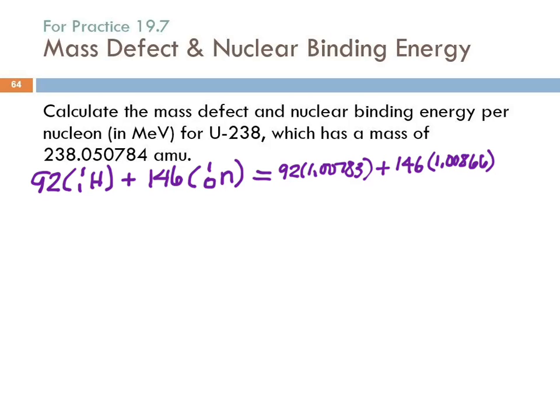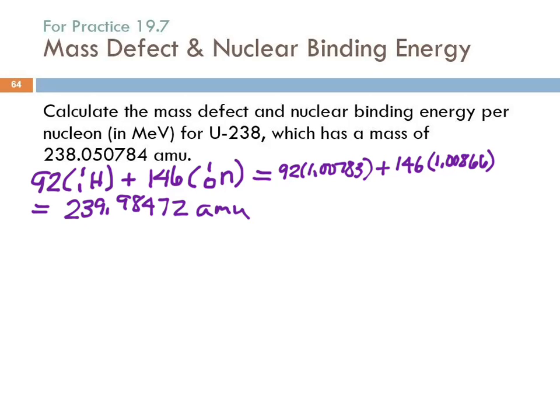So 92 times 1.00783 plus 146 times 1.00866. So that is equal to 239.98472 atomic mass units.